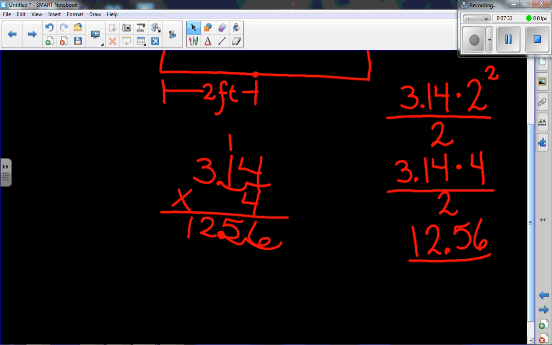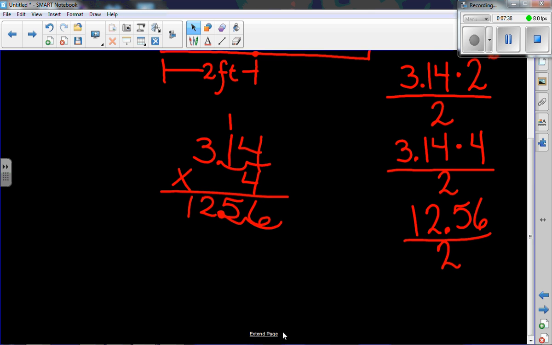And then our last step is dividing it by 2.